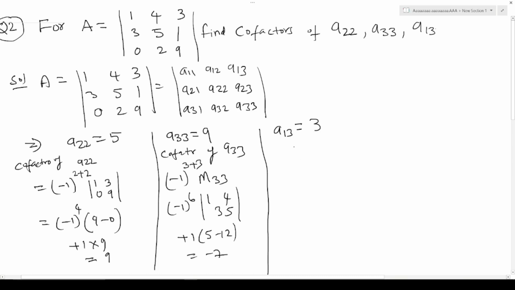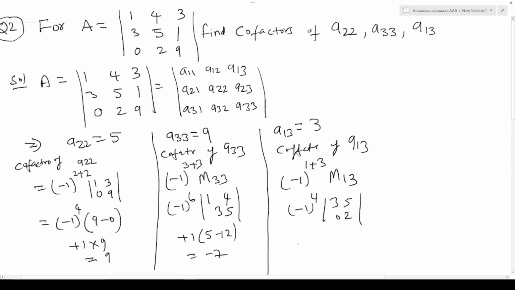And for A13, the cofactor of A13 is minus 1 raised to 1 plus 3 and the minor of A13, that is 3 5, 0 2, so plus 1 into 6 equals 6.